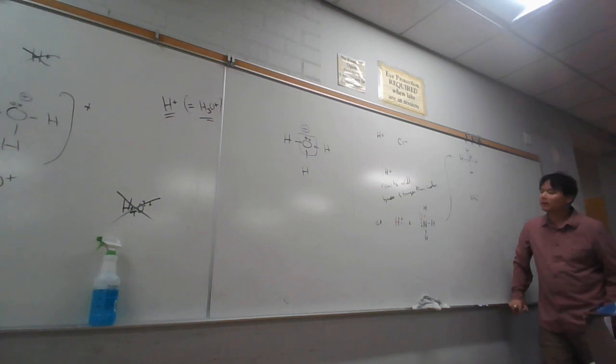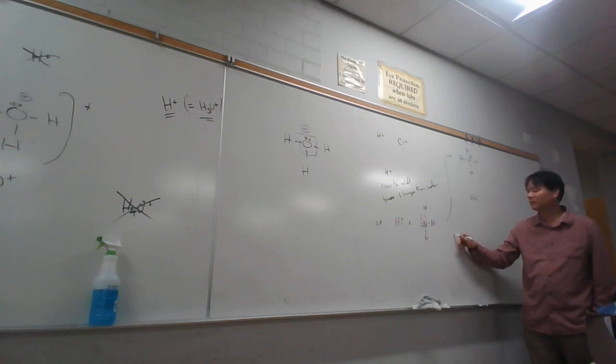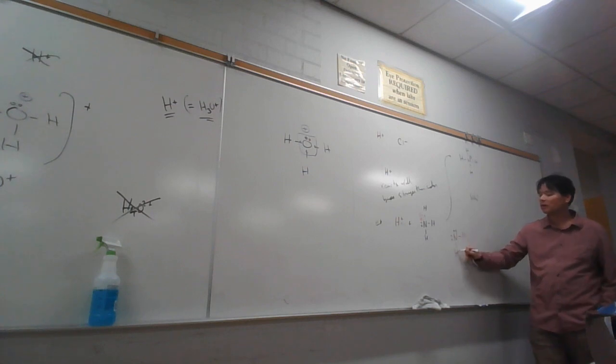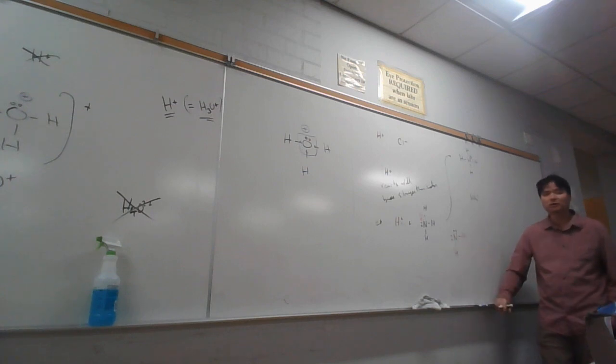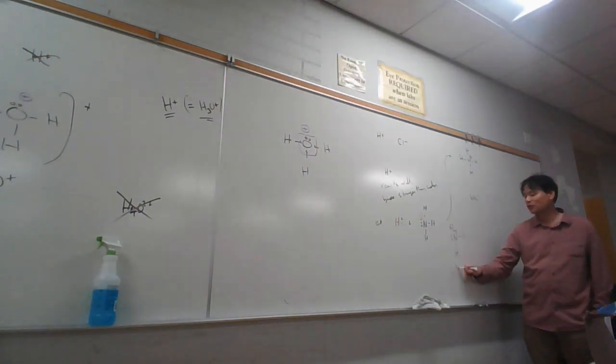What do you think is going to be a better base? Ammonia or this one? What's the formal charge on nitrogen in this species here? -1. This is called NH2 minus. Do you know the name for NH2 minus?